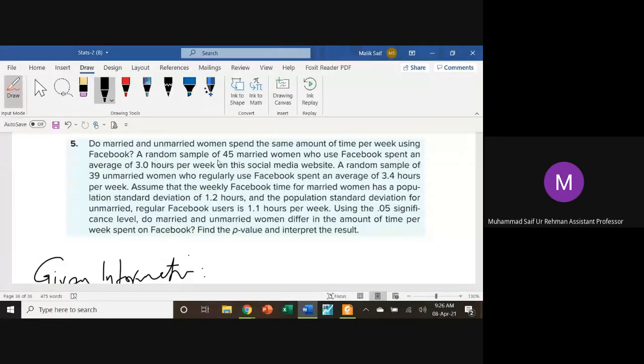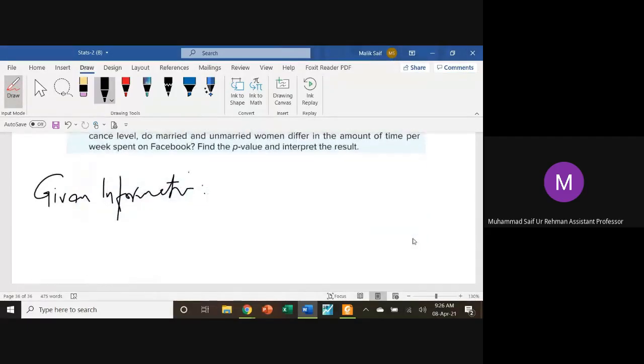A random sample of 45 married women. As it is a sample, n will be there. As they are married women, you may write m for married women. And how many are they? They are 45.